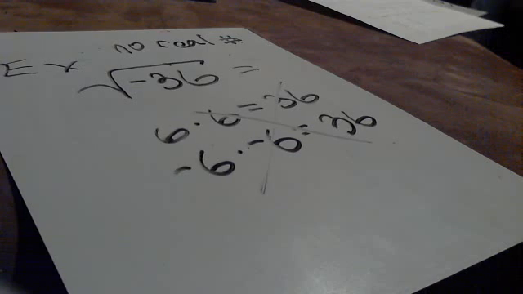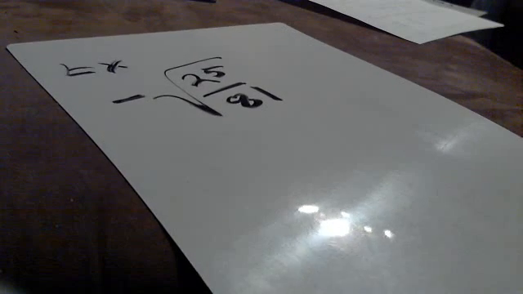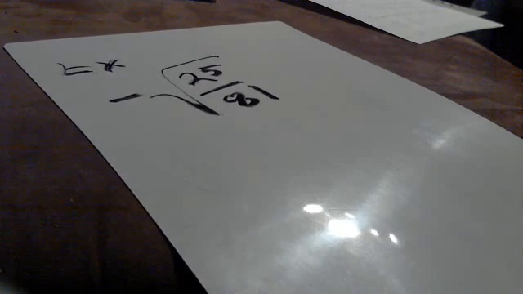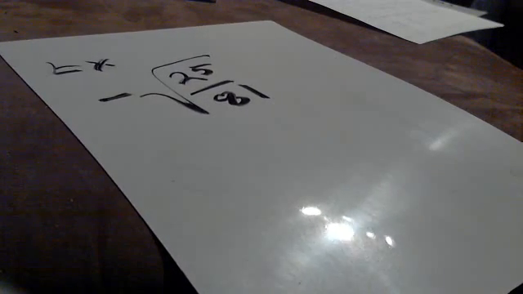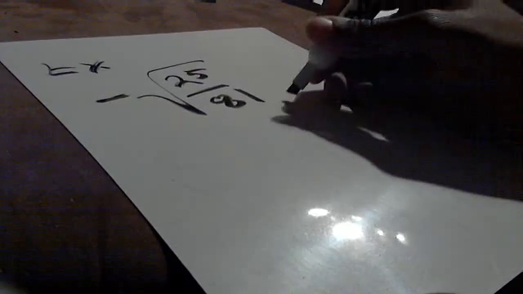So, continuing on with our talk about square roots, there's another example. This is going to be the square root of 25/81. And actually it's going to be the opposite of the square root of 25/81. So how does that work?